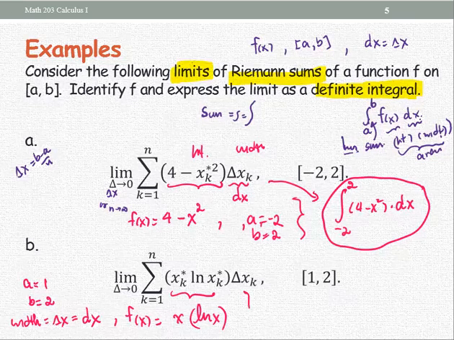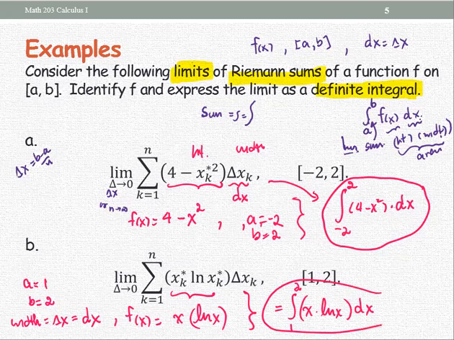With all of this, the sum is the integral sign, the S that stretches from point a to point b. So from 1 to 2, what is the function? x multiplied by log x. And what is the width? The width is dx. So we need the integral sign, the integrand, and the differential dx. So this is the definite integral for this limit of the Riemann sum.